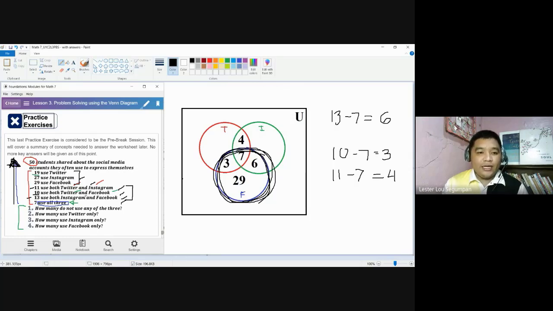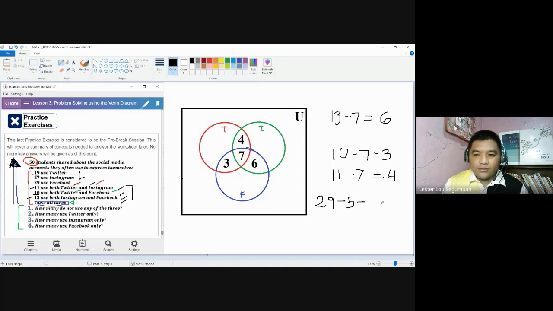As I have mentioned earlier, of the 29 who use Facebook, some of them use other platforms such as Twitter and Instagram. So we cannot actually duplicate them. So to do that, we already have 29 minus the other parts of the blue circular figure. You have 3.